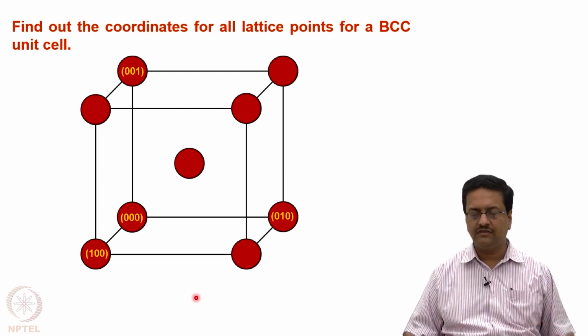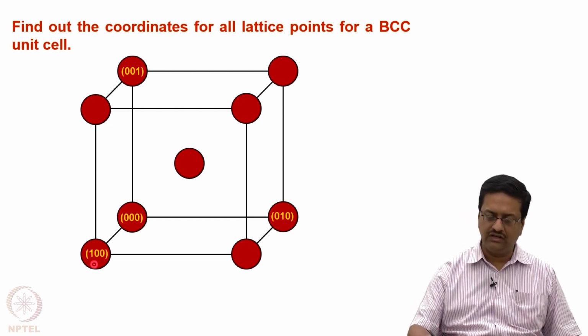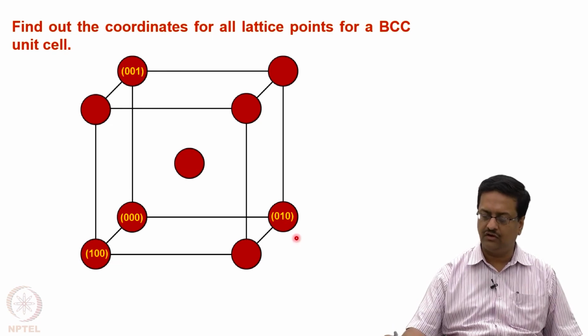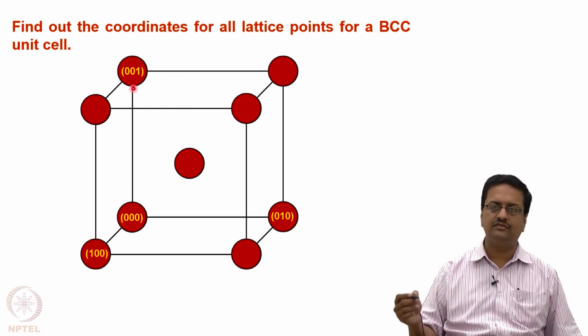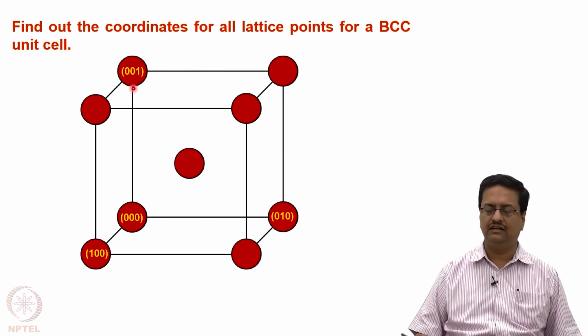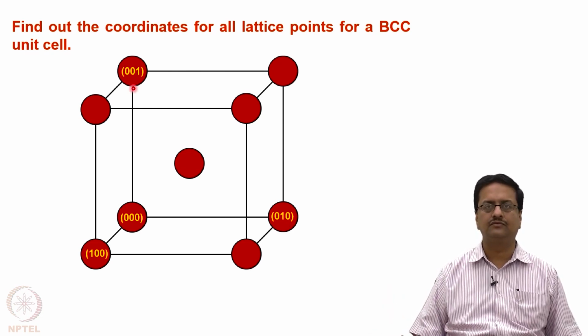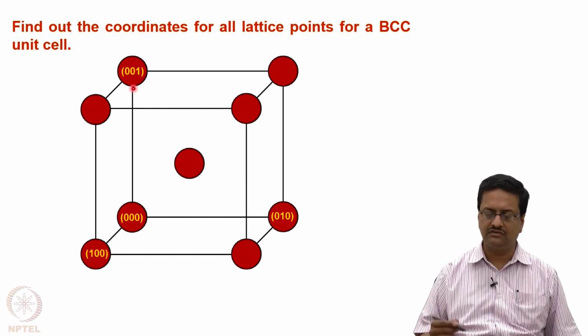The ones which are 1 unit along x, 1 unit along y and 1 unit along z are designated as 1, 0, 0, 0, 1, 0 and 0, 0, 1 set of coordinates, set of points, because those are 1 unit away from the origin.